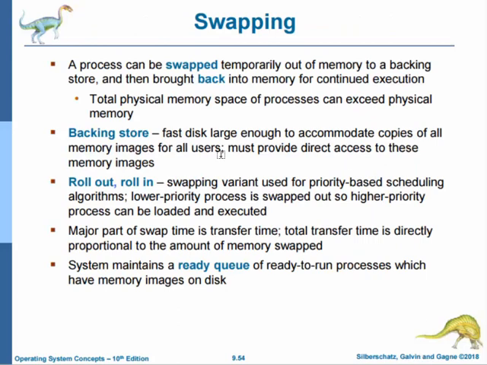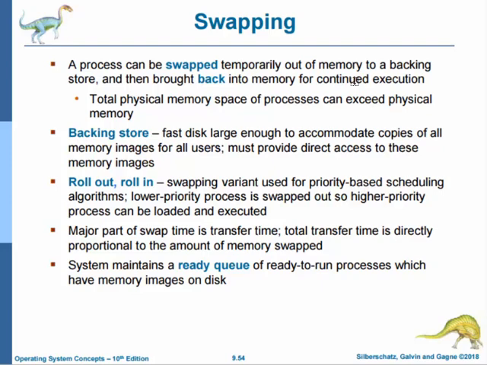Now, a process's instructions and the data they operate on must be in memory to be executed. We all know that. However, a process or a portion of a process can be swapped temporarily out of memory to a backing store, and then brought back into memory for continued execution.